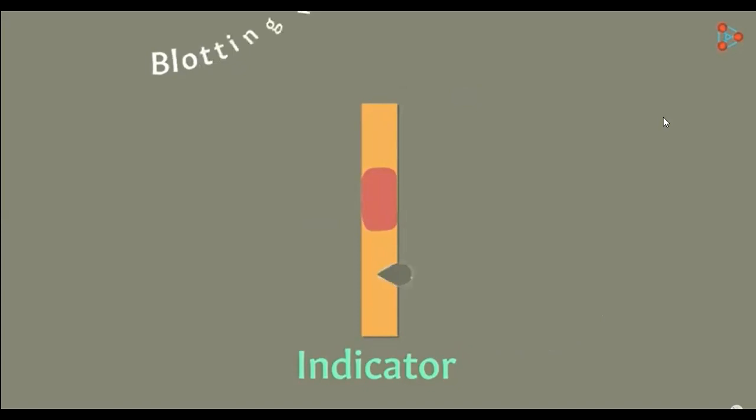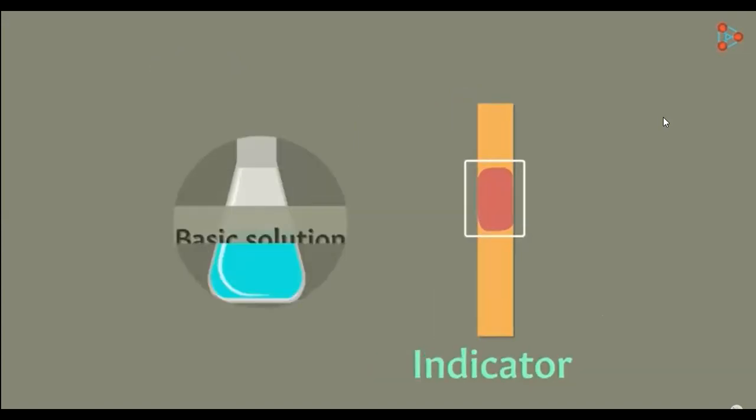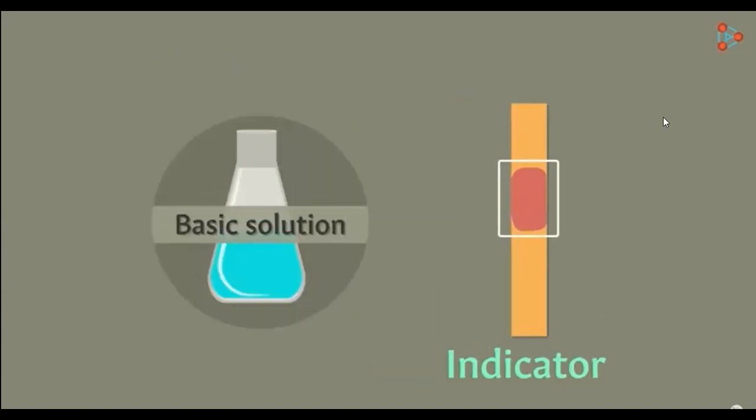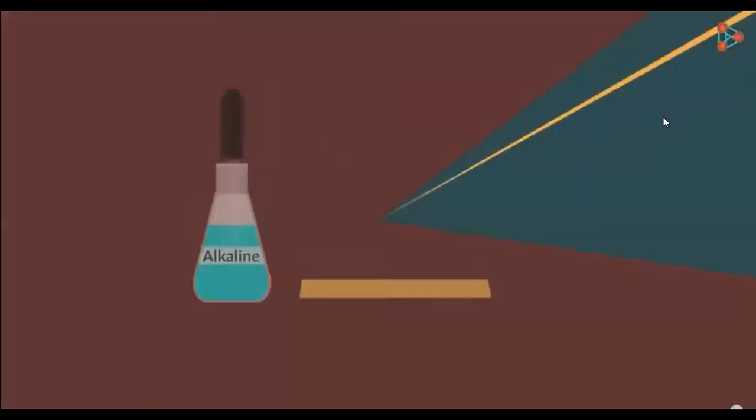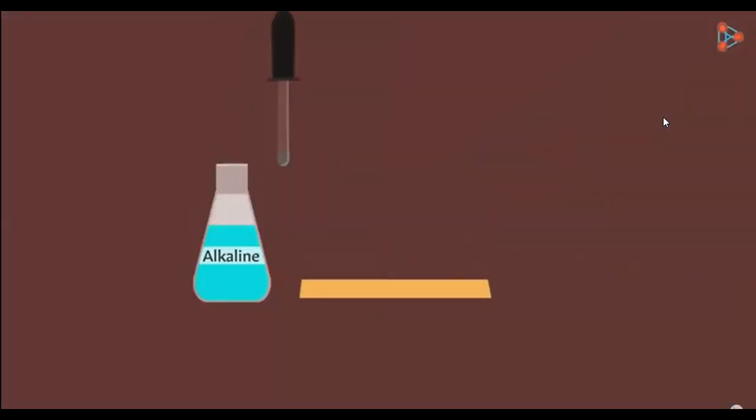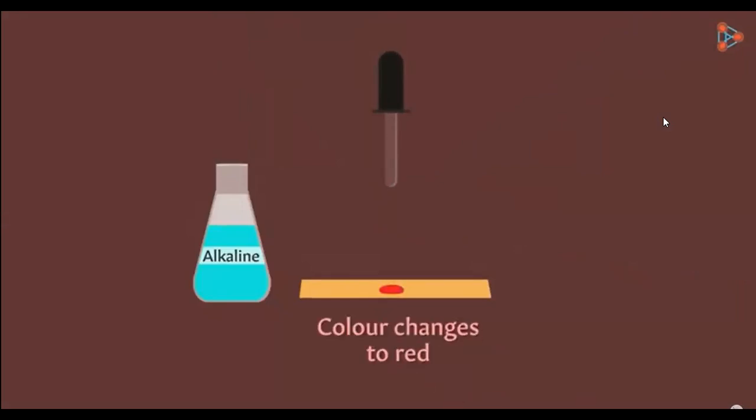In this case, the paper turned red when the solution was poured onto it. So, what did the indicator tell us? It clearly indicated that the solution was basic. Yes, alkaline substances or solutions turn turmeric red. The more basic the nature, the brighter the red color will be.